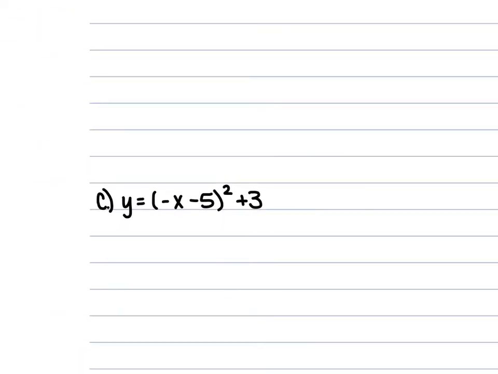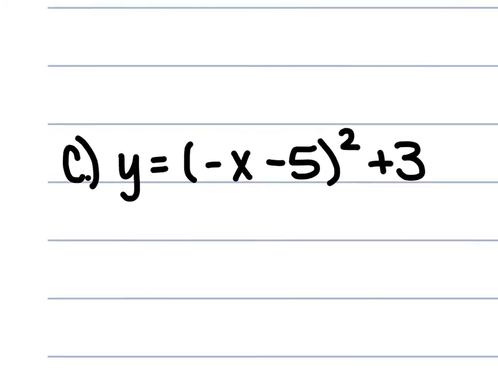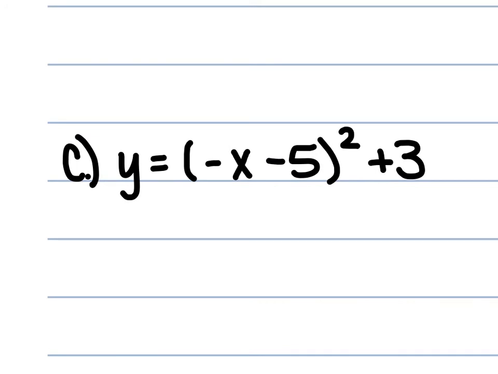All right, let's look at C. What type of graph is this going to be? What family does it belong to? Quadratic. So this squared tells us that it is a quadratic.